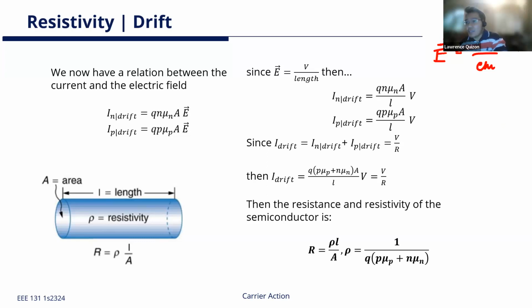So given a voltage across a specific length of wire, if it's 1 volt at one end and 0, ground, at the other, and the wire is 1 cm, then that's a constant electric field of 1 volt per centimeter along the length of the wire, no? That's how electric fields are made. So, since E is volts per centimeter, we can substitute the equations for I_N drift and I_P drift in order to do this, no?